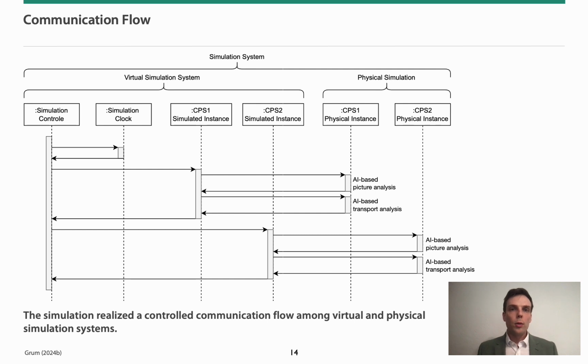Focusing on the first 2 production sites, each site has had to realize continuously AI-based picture analysis tasks and AI-based transport analysis tasks. The simulation control triggered ANN requests based on the simulation clock and the experiment design.